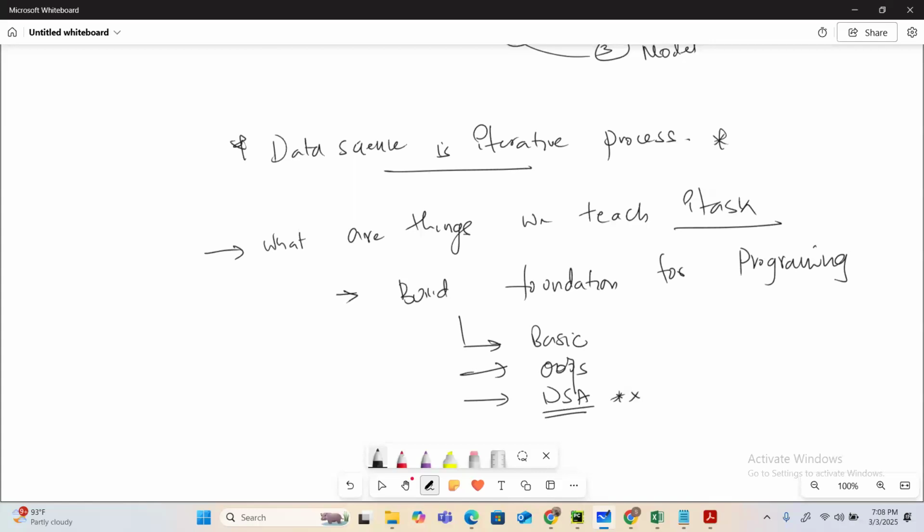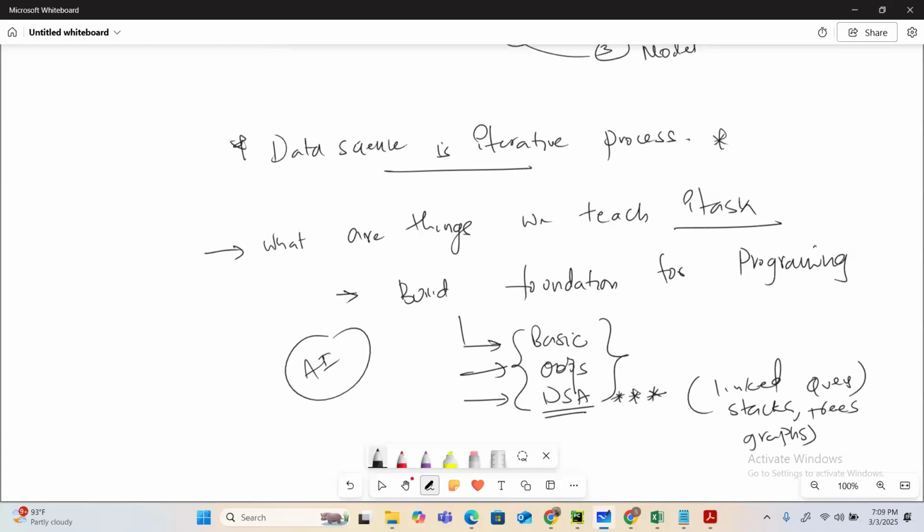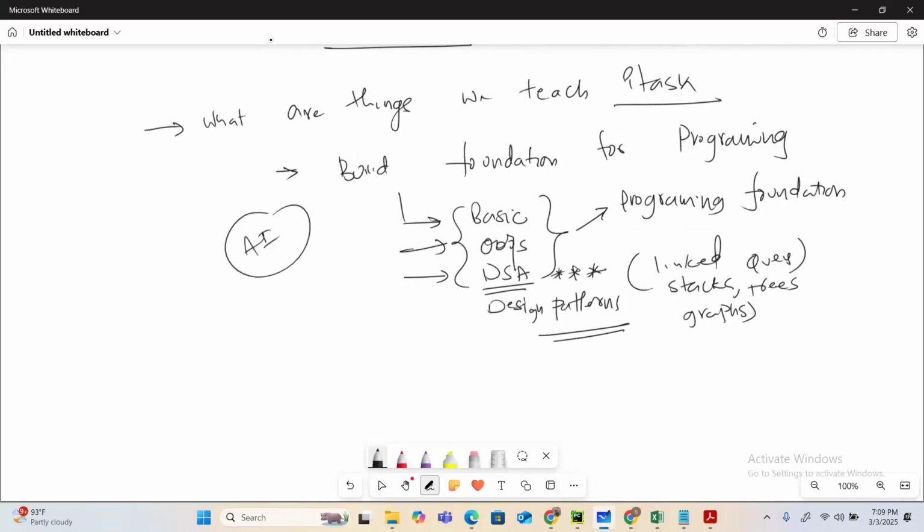If you don't know data structures and algorithms like linked list, stacks, queues, trees, graph, you cannot survive in the world of AI. This is what we call the programming foundation. If time permits, I will also teach design patterns.